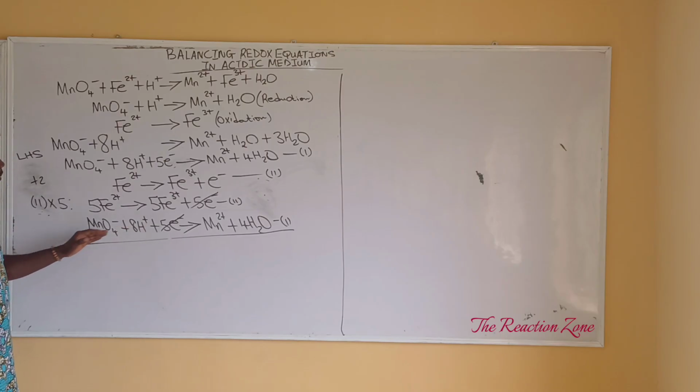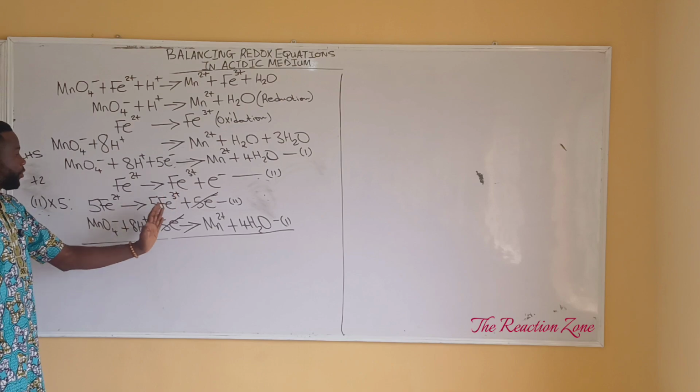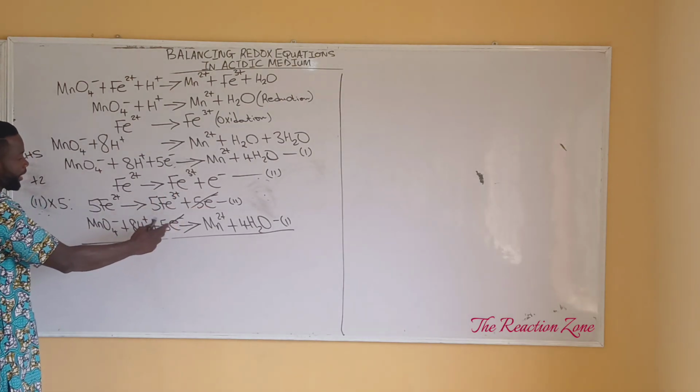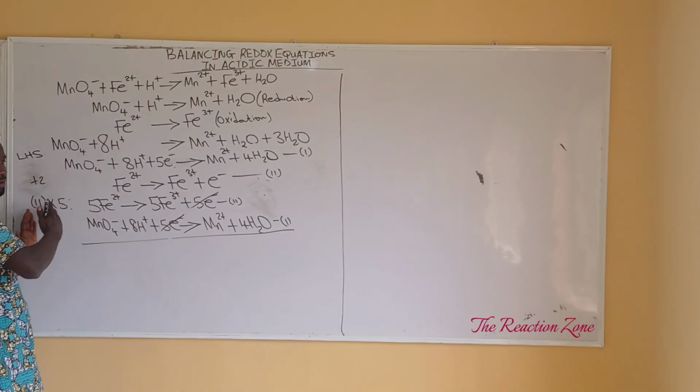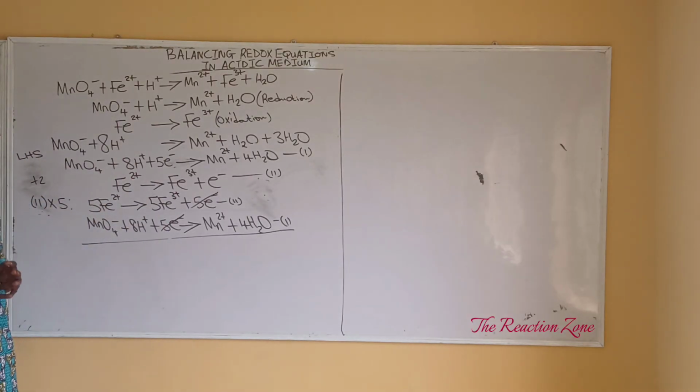If by the time you get to this point, the number of electrons in both half equations are on the same side, meaning that these 5e- and 5e- here are either both on the left hand side or both on the right hand side, then there is a problem. It means that you must have made a mistake in the process of getting to this point.